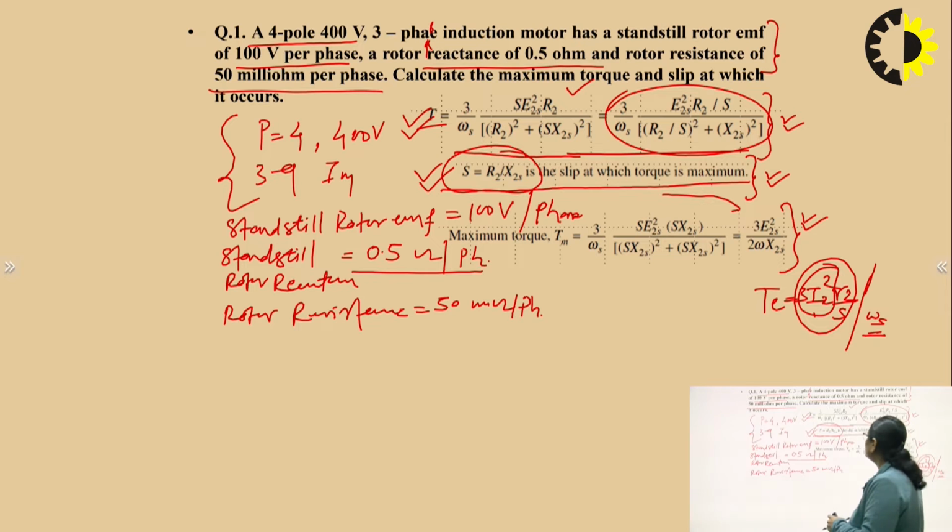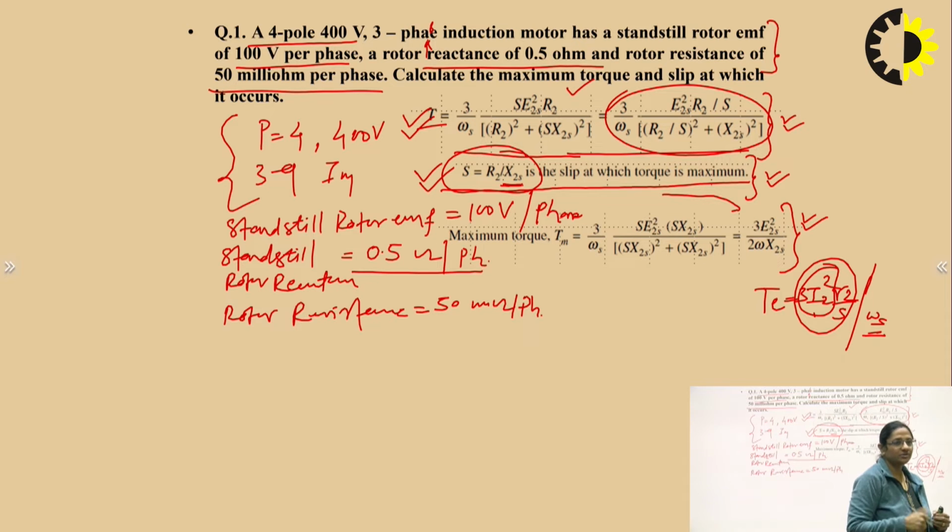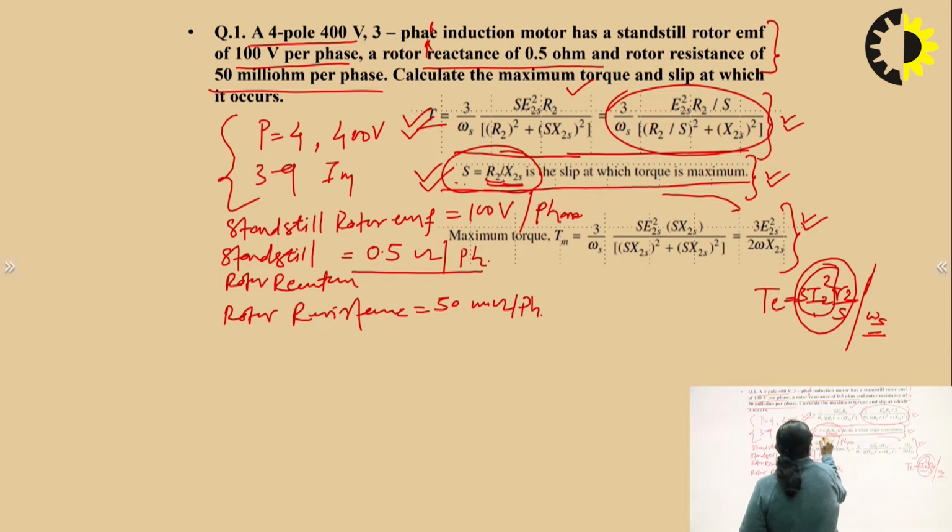What is X2S? X2S is the rotor circuit reactance per phase value at standstill condition, and R2 here is the rotor circuit resistance. Okay, so this is the condition. Now substituting this condition back into the torque equation, you can very well determine the maximum torque developed by the motor.